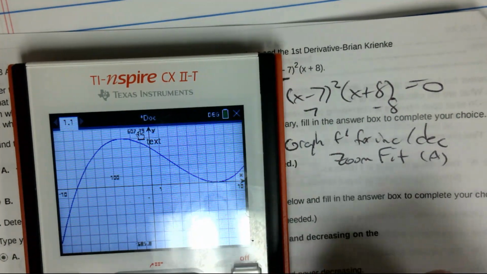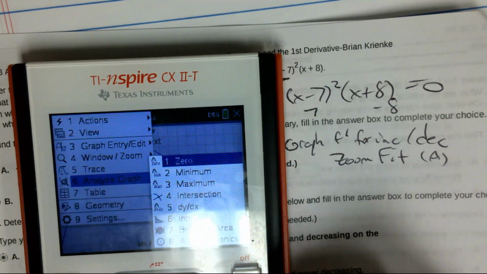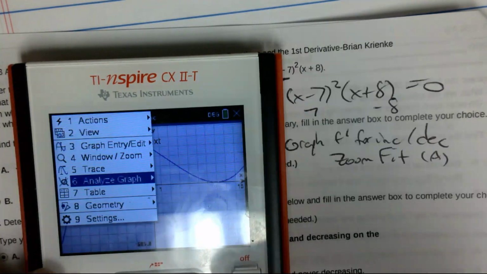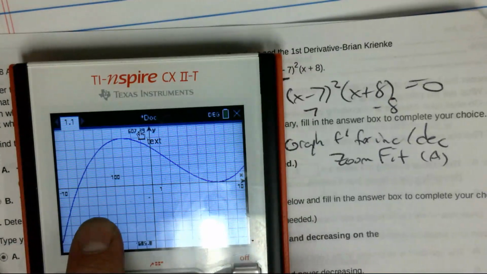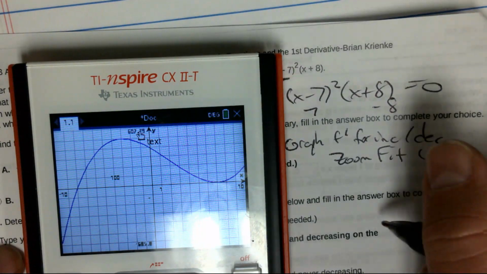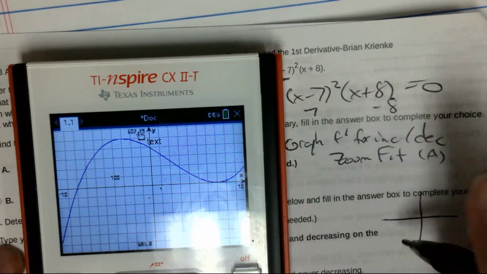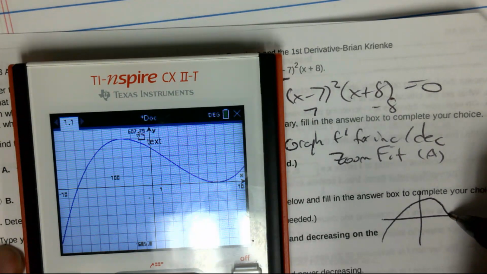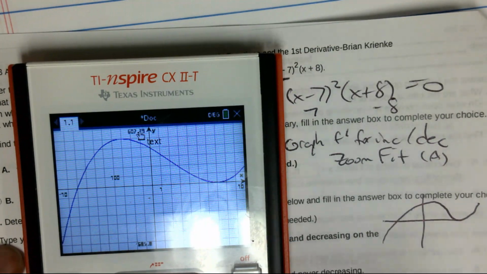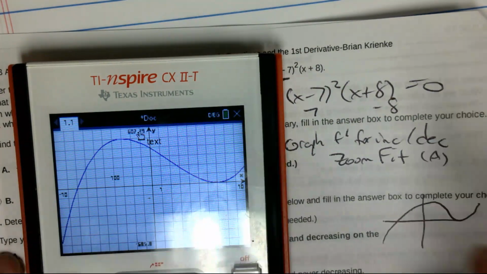And when we go to the part where it's above the axis and below the axis, I need to find the 0 of the graph.